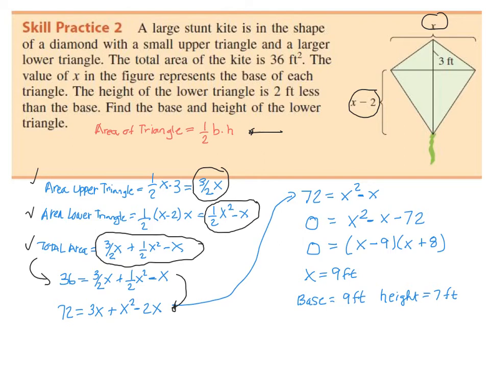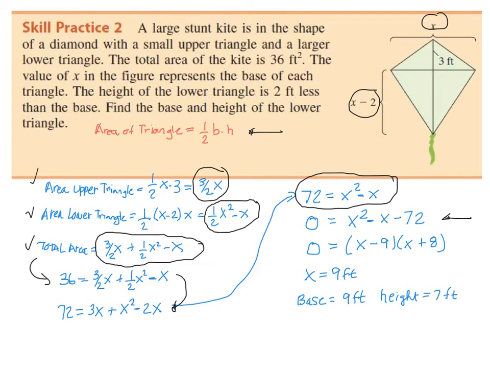And I combined the x's, so I end up with 72 is equal to x squared minus x. We use the zero principle, and we subtract both sides by 72. We end up with 0 is equal to x squared minus x minus 72.